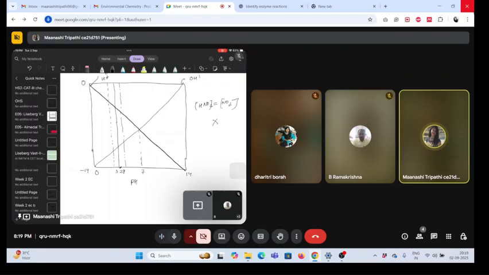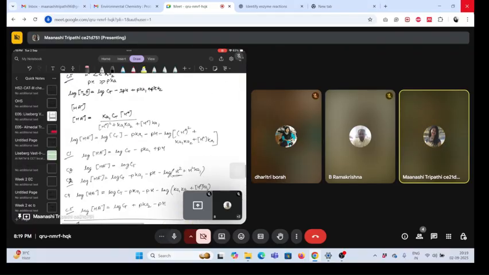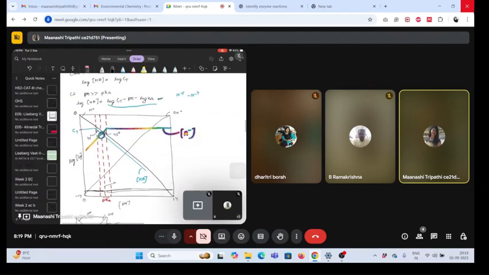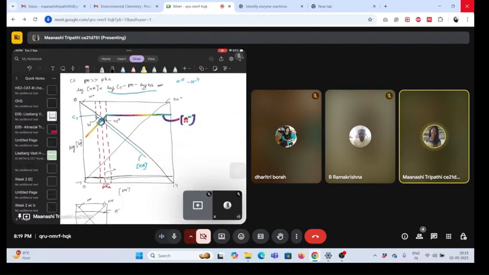So we have seen in the main diagram, right? I'll show you. Yeah. How we are drawing HA, meaning complete acid. We will go straight here. Then we will just make a 45-degree angle downward.